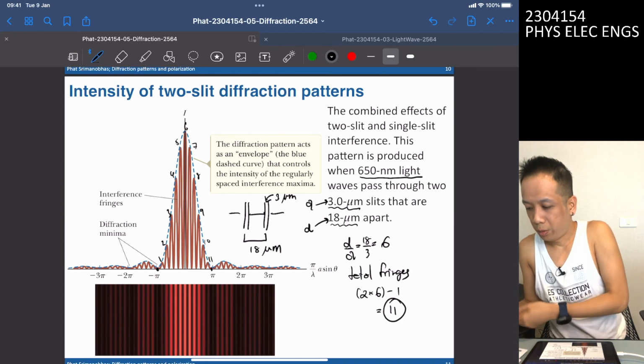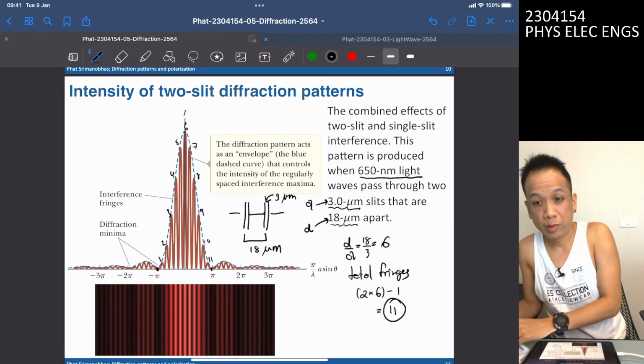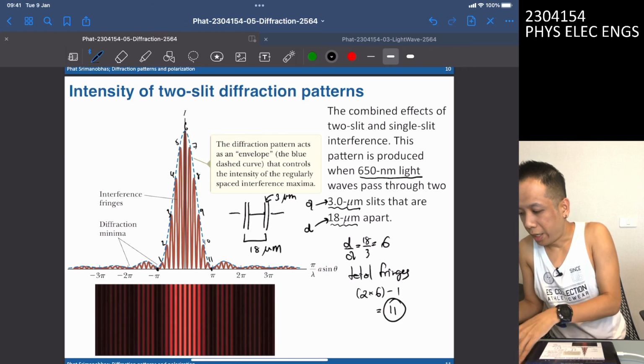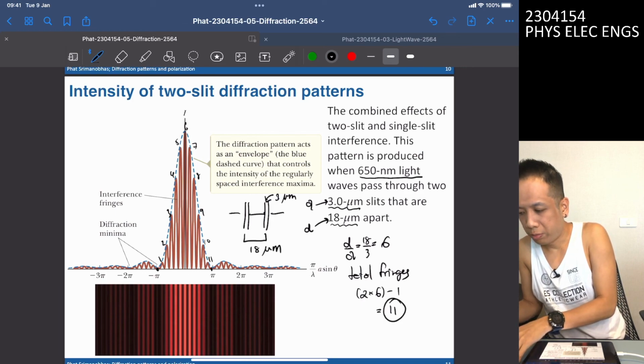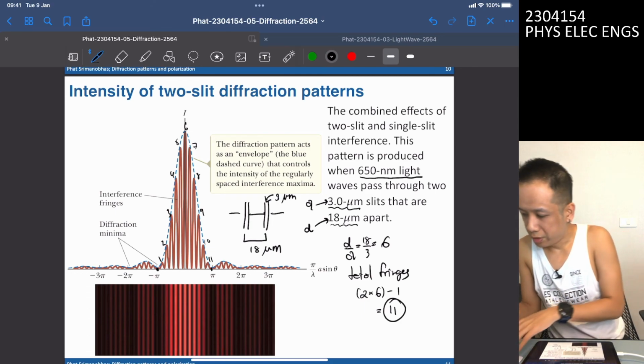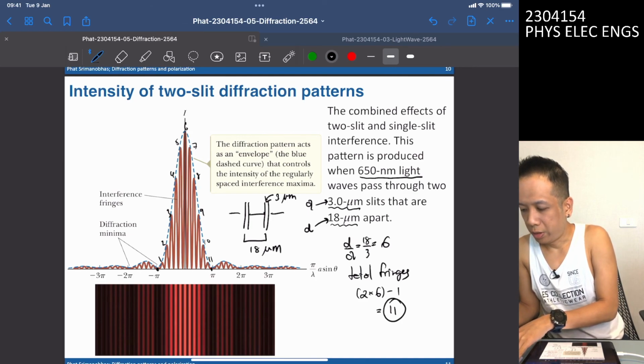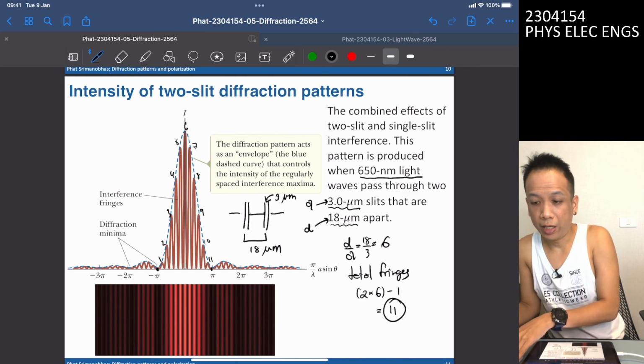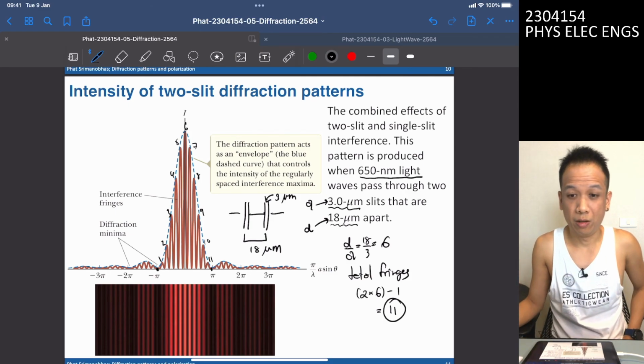Okay, great. I think we will stop here. So the next class we will review this a bit. I think the slit is mostly done. We're going to talk about the circular apertures, the resolution efficiencies, and then the diffraction of X-rays, and at the end the polarization of the wave.